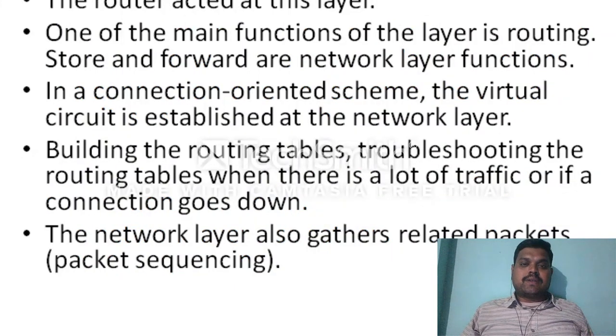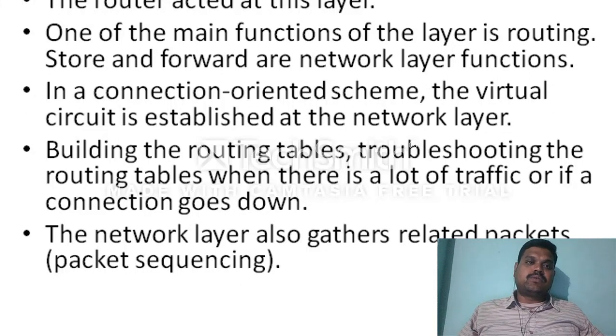Then the third layer is the network layer. The network layer is very important, and it will use the store and forward method for routing. The main functionality of the network layer is routing, and there are two types of routing possible: connection oriented and connectionless.